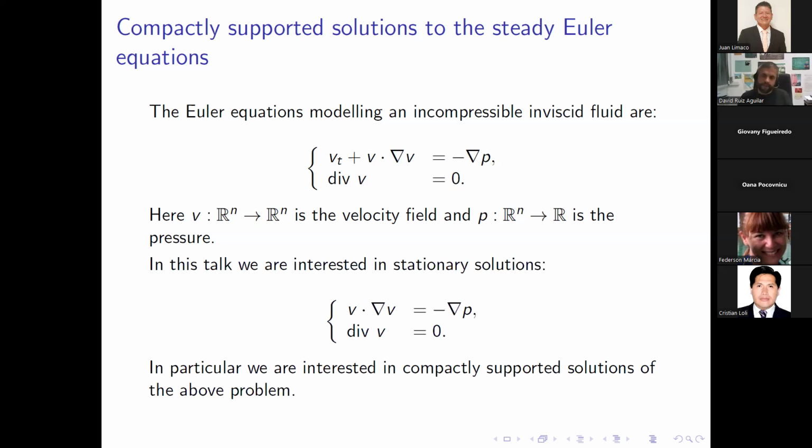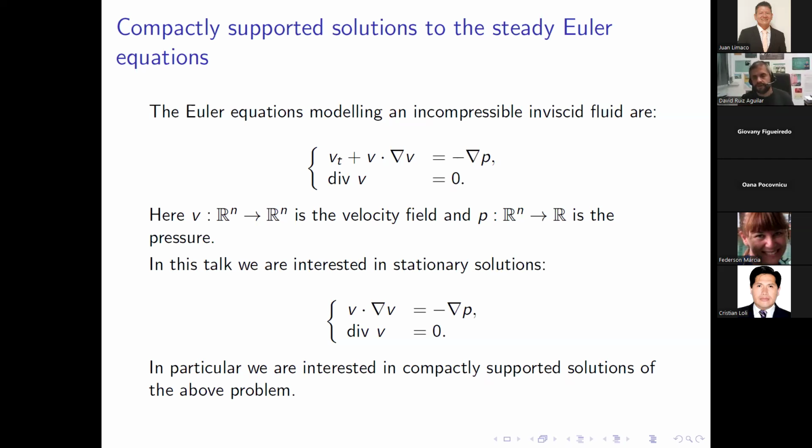What does it mean? We are looking for a fluid in which the velocity field is 0 outside a compact region. There the fluid is quiet, it's not moving. And in a certain region, it starts moving, and the velocity field is constant at each point. Of course, this is possible because our model has no viscosity, so such a thing could be possible.